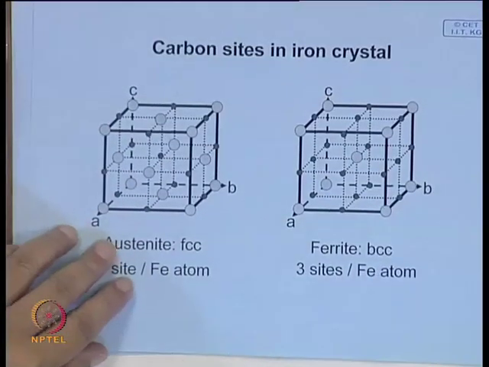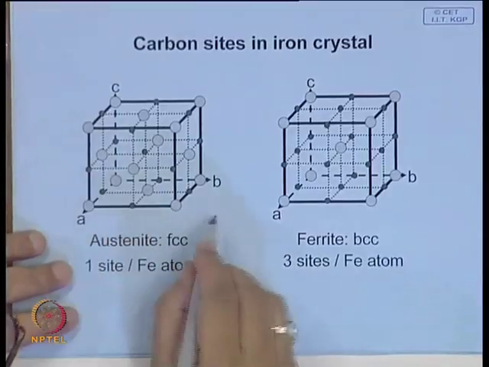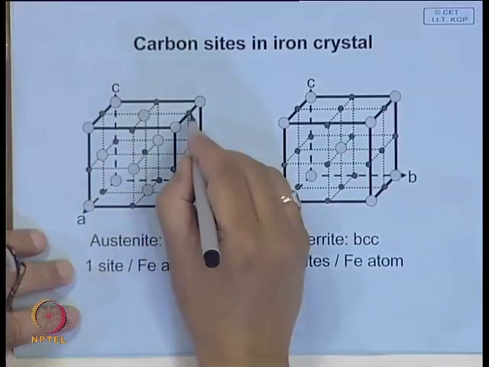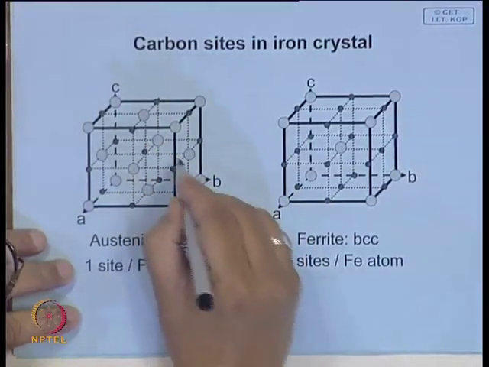Now, the question comes, why is it so hard? What happens, where does this carbon atom go if you cool it very fast? That answer lies in the crystal structure and the atomic size of the iron atom and carbon atom. If you look back at these figures, this is an austenite structure, face centered, and these are the potential sites.